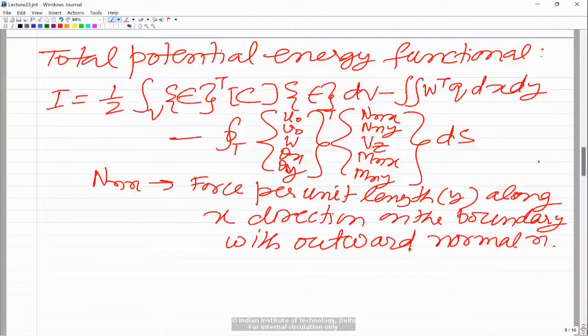That normal n is normal to the boundary, and similarly nny is similarly force per unit length.